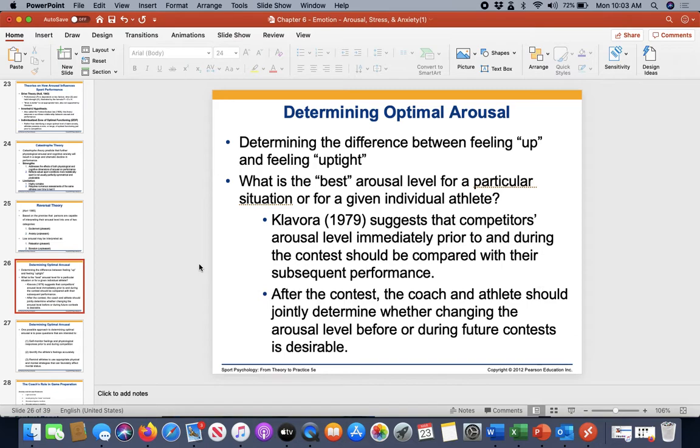Don't start comparing them to other things. Afterwards, the coach and the athlete can determine whether the arousal level before or during the contest should be changed, because maybe the coach didn't give enough oomph. Maybe the coach gave too much and overstimulated their players. So it's got to be something that's constantly in the works.